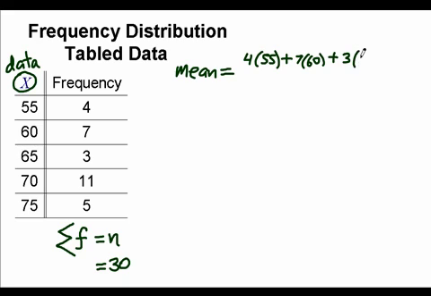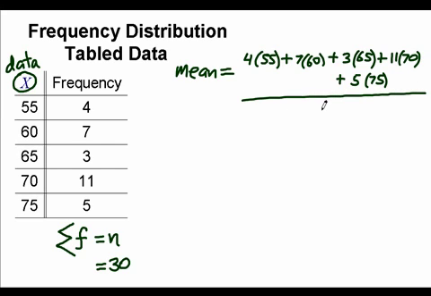So it's always going to be the frequency times the data point, or the element. Plus 11 times 70. And eventually plus 5 times 75. And we're going to take this entire sum and divide it by how many, which is 30. A quick way of writing the formula for this is the summation of the frequency times x divided by the sum of the frequencies.